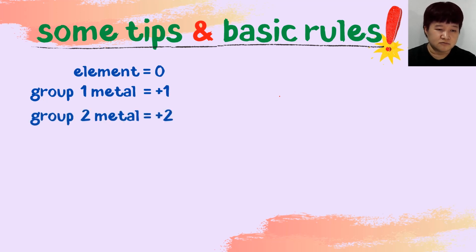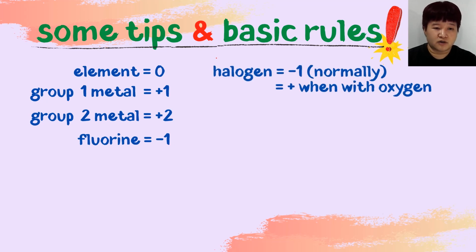Group 2 metals will always be +2. Fluorine, your halogen, will always be -1. The rest of the halogens, like bromine, chlorine, and iodine, will normally be -1, but will be positive when they come with oxygen.